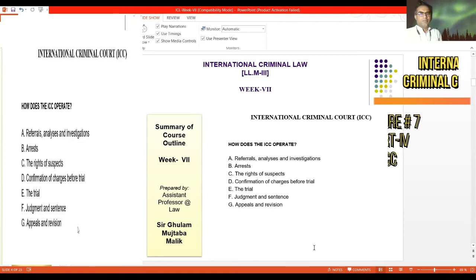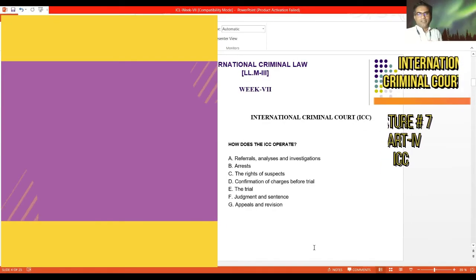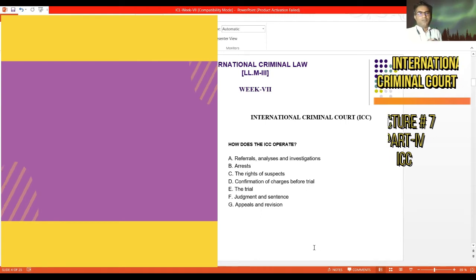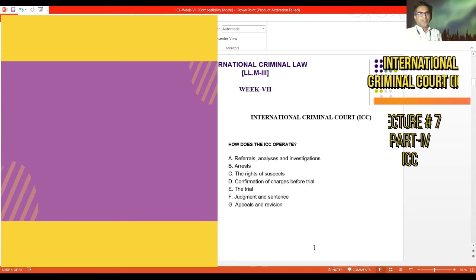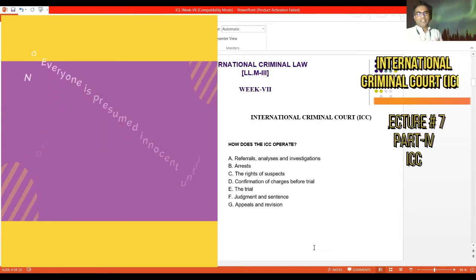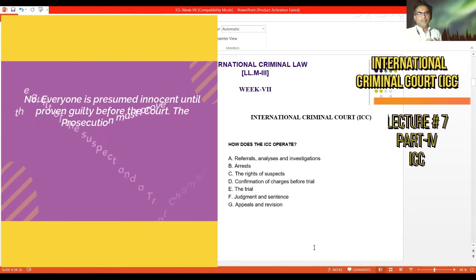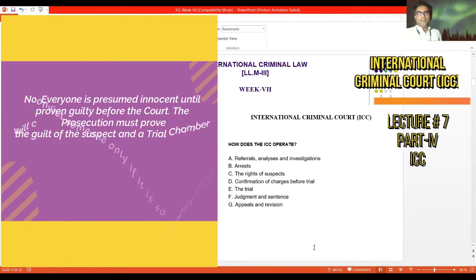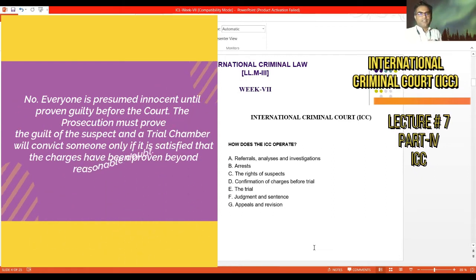Number three, to have adequate time and facilities for the preparation of a defense, and to communicate freely and in confidence with counsel. Number five, to be tried without undue delay. Number six, not to be compelled to testify or to confess guilt, and to remain silent without such silence being a consideration in the determination of guilt or innocence.